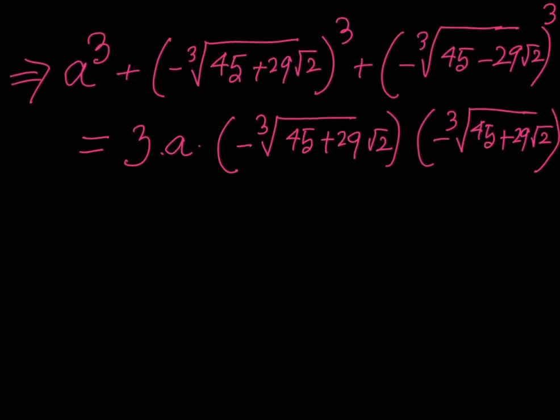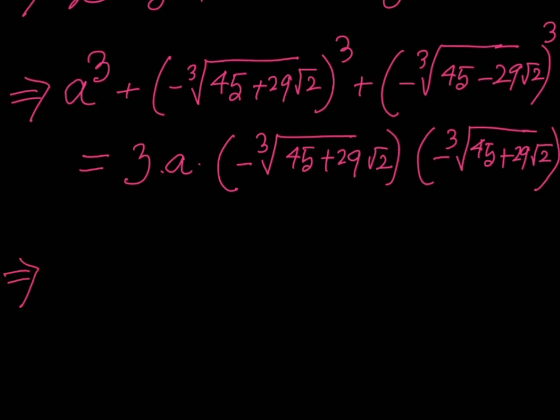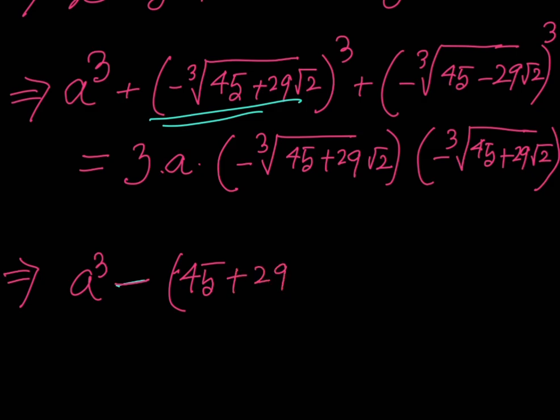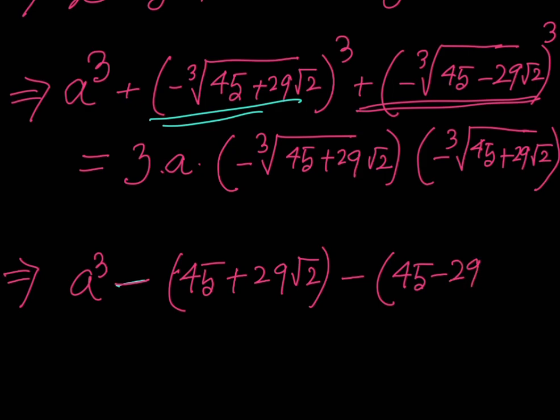So this gives a cube. Here, this term will be minus 1 cubed is actually minus, so minus of 45 plus 29 root 2, and this will give minus of 45 minus 29 root 2.